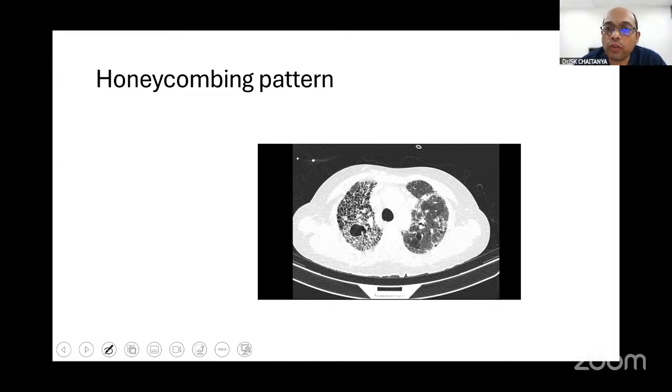Honeycombing usually signifies that there are a lot of inflammatory changes happening in the interstitium and some fibrosis which has set in. Like we see here, there is significant honeycombing in this image. And in this, we see areas of hypoattenuation called cystic changes or cystic spaces within the lung. This is a picture of an interstitial lung disease of a little advanced stage.